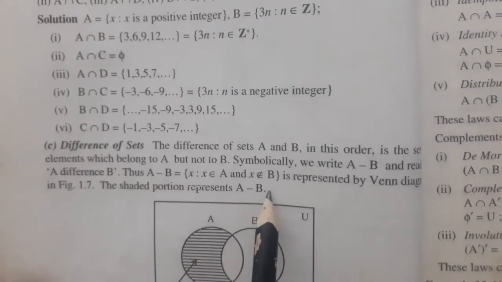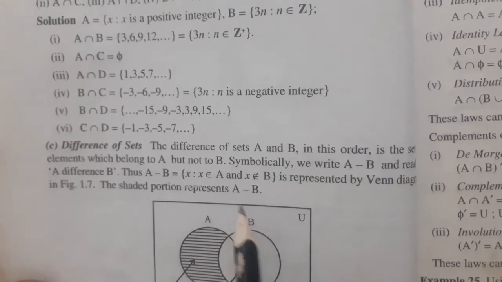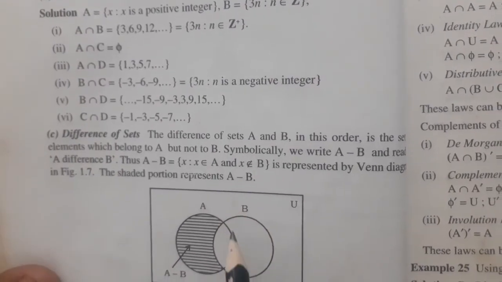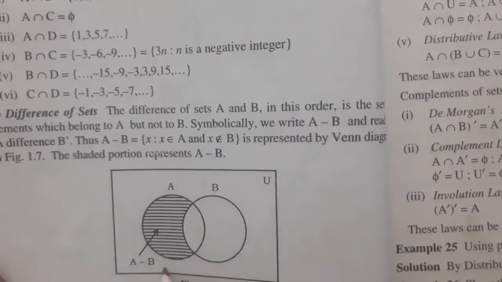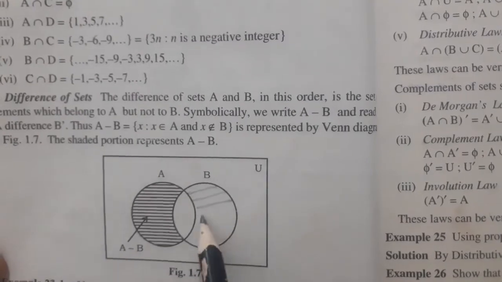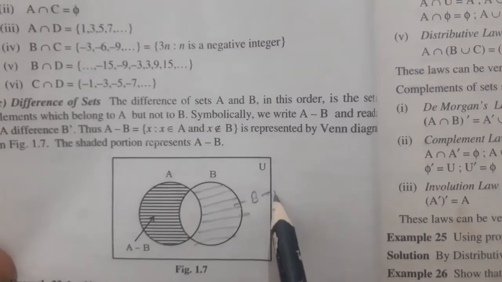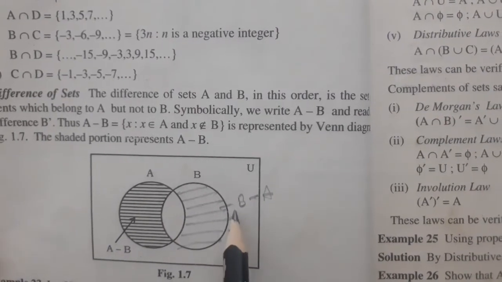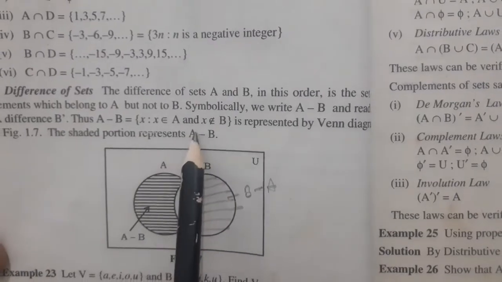Difference means A minus B. A minus B means the set of those elements which belong to A but do not belong to B. ऐसे एलिमेंट जो A में हों लेकिन B में ना हो. Now see, this shaded portion represents A minus B. Similarly, we can take this portion and say this is B minus A. B minus A means the set of those elements which belong to B but do not belong to A. It is known as the difference of the sets.